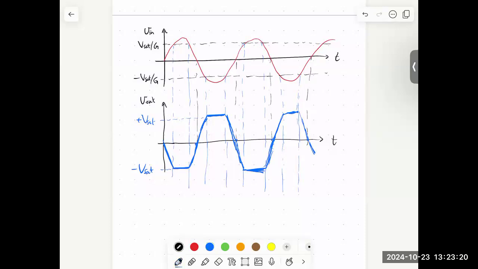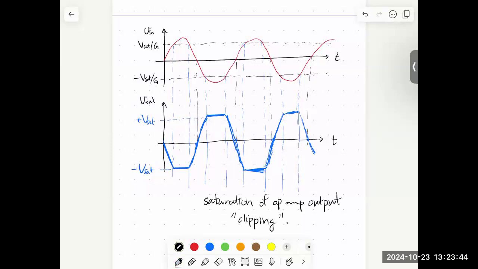So this is saturation of the op amp output, sometimes called clipping. And so you'll see this in the lab. You can easily just increase the amplitude of your input until you observe this clipping.